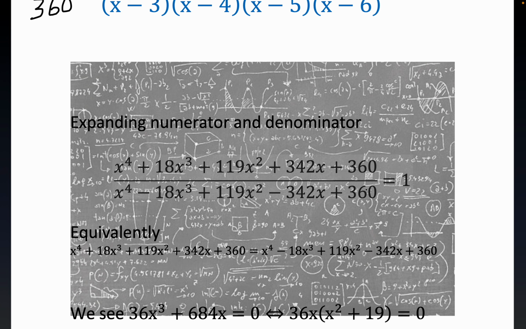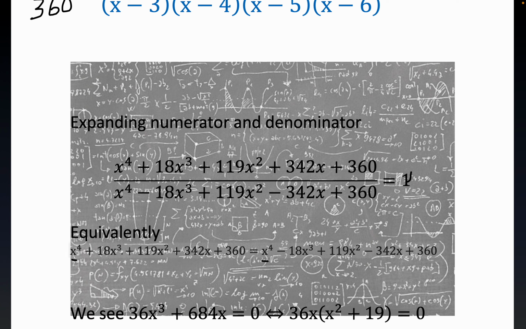Now, if that 1 wasn't part of the picture, this problem wouldn't be nearly as easy to solve. But when you do multiply through by the denominator here, notice that the x to the fourth term and the x to the fourth term will cancel since it's an equation.